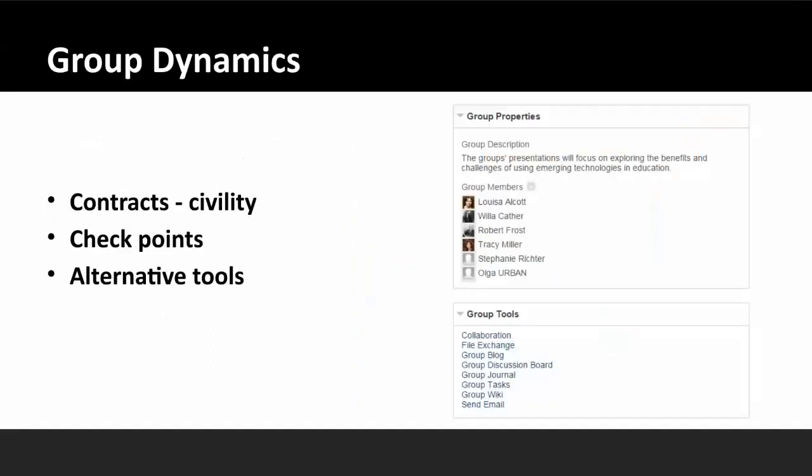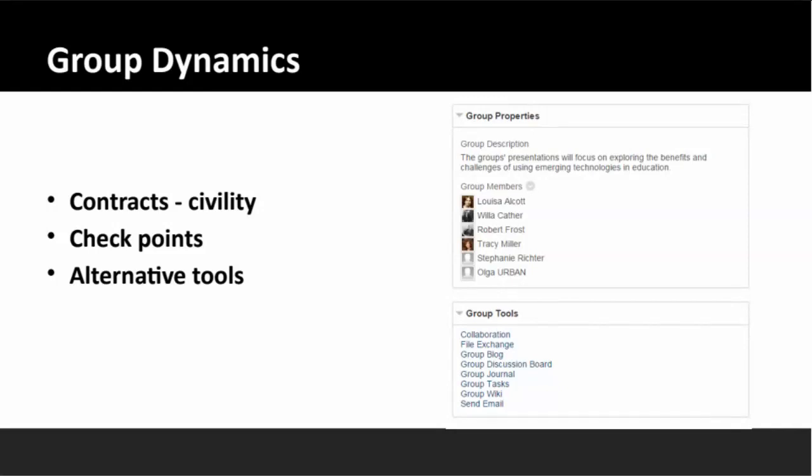And then in terms of group dynamics, you can have students work together. You can have some kind of a draft contract, and you can have them help to create some standards for how they're going to work together.